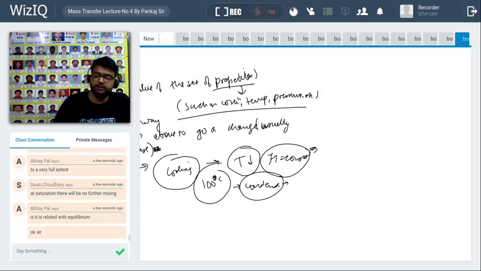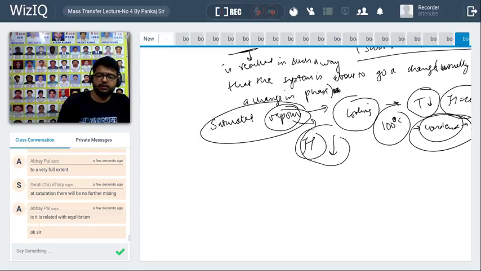So it means what? At this point, that air or gas mixture is holding the maximum amount of vapor that it can contain. Now, on further decreasing the temperature, what will happen?